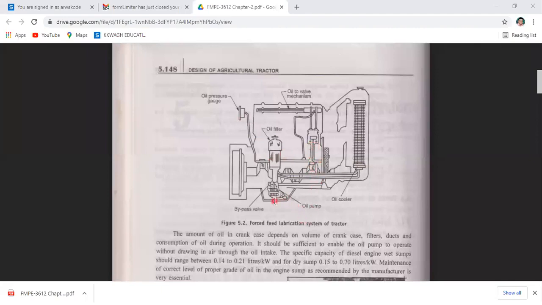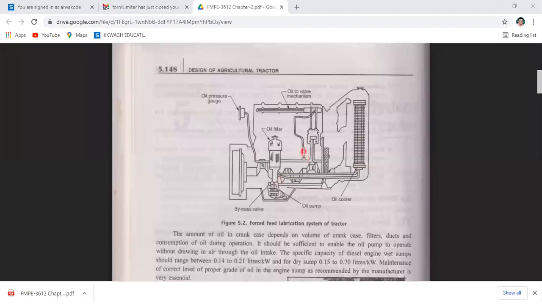Oil is sucked from the strainer and transferred through this bypass valve to the first gallery. Then it passes to the holes of the crankshaft, which has internal galleries. It then lubricates the crankshaft bearings and connecting rods. After that, there is a gallery in the connecting rod, and it lubricates the connecting rod. There are oil rings, through which the cylinder walls are lubricated.